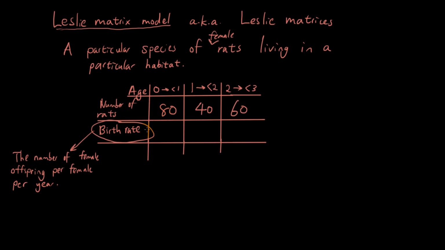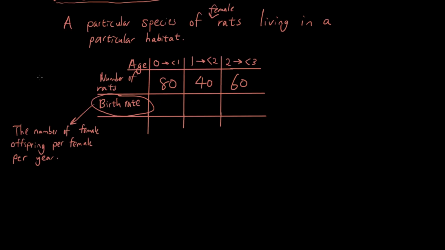What that means is, within the space of 1 year, which is what each age group represents, how many rats does each female give birth to?